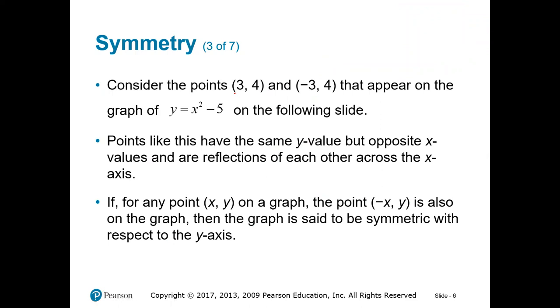So now what if they gave us points (3, 4) and (-3, 4), and they gave us this equation here. Again, if you wanted to, you can create an x-y chart. They already did some of the work for us. When x is 3, we plug in 3, square it, subtract 5, we get 9 minus 5, which is 4.